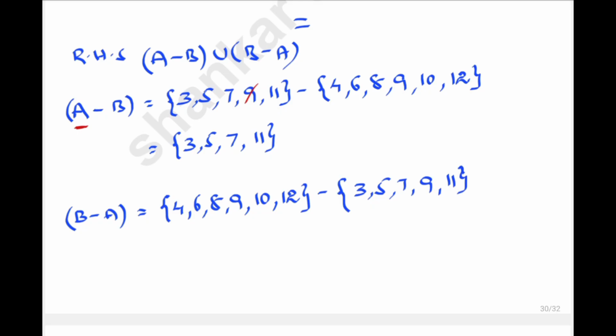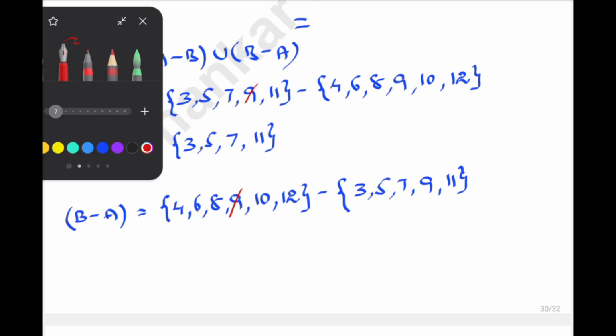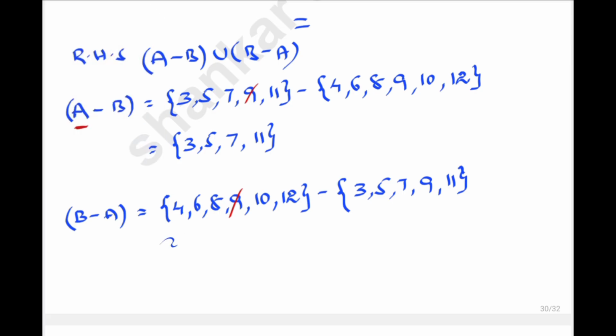So B minus A is a set which has the elements belonging to only set B. They should not be common with A. So look here, this 9 is in B and also in A. So we have to eliminate it. Now what are the elements there? 4, 6, 8, 10, 12.